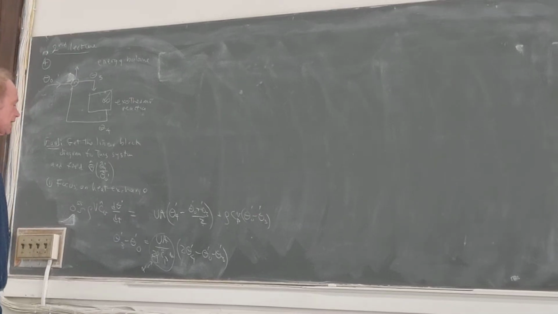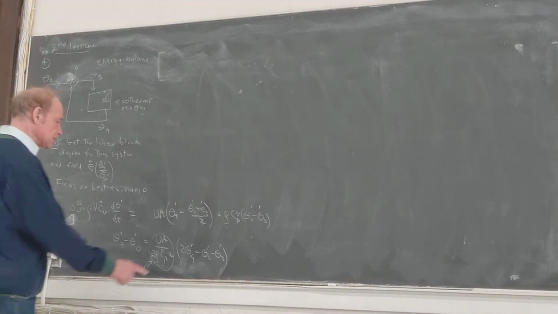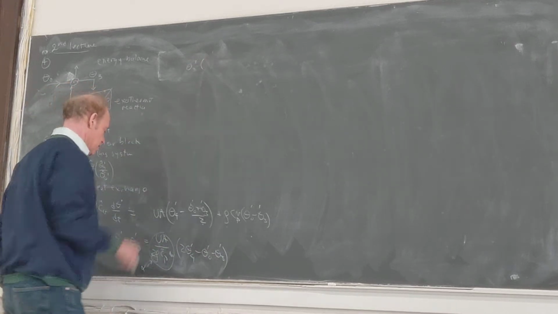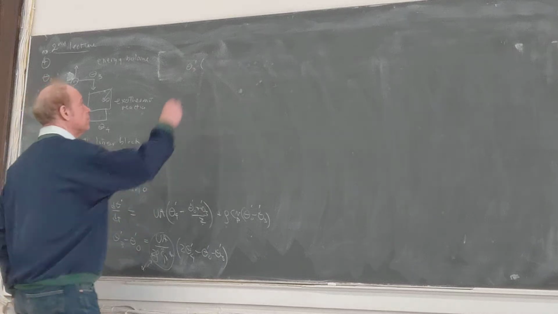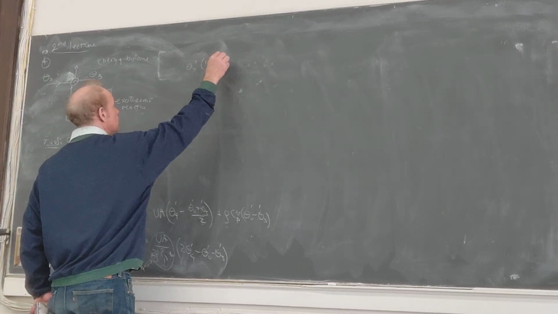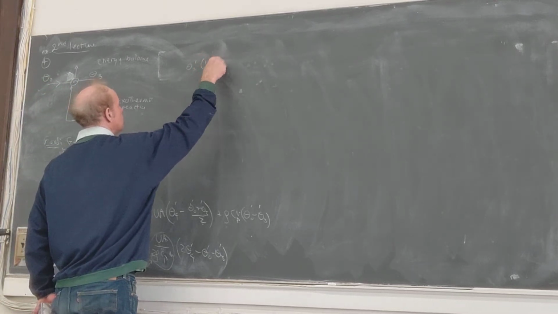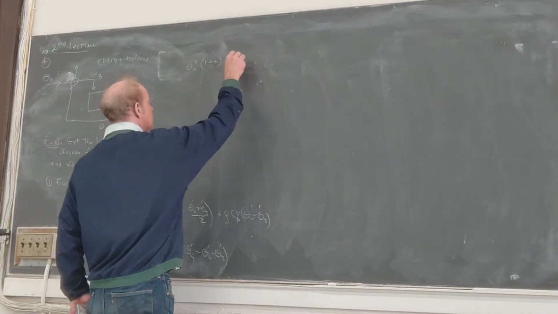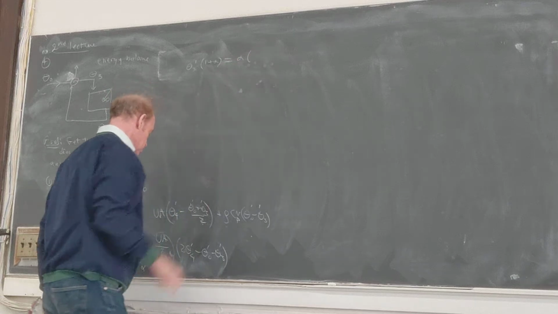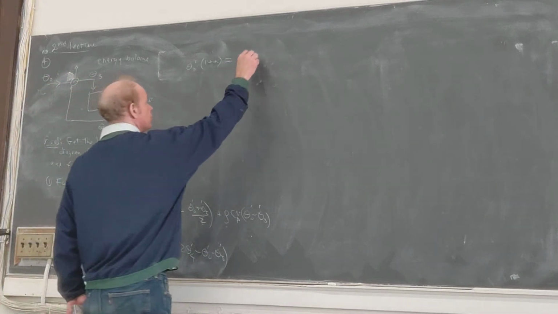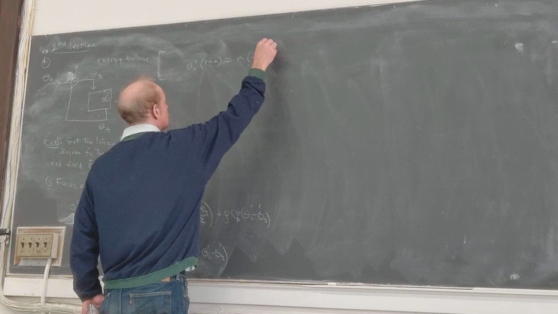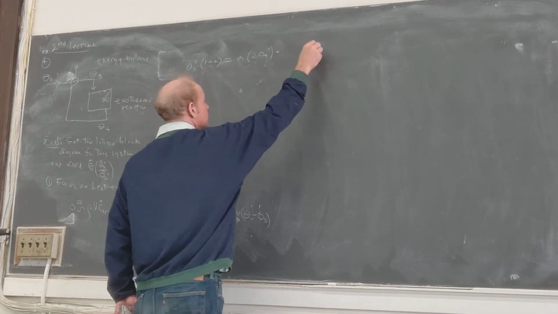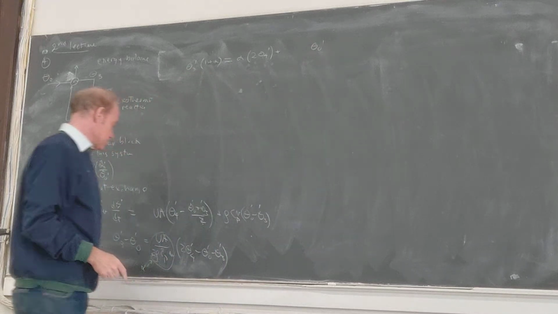Okay, so again, I want to solve for theta 3. So let's bring theta 3 to the other side of the equation. So I've got theta 3 prime times 1 plus alpha, and that's equal to alpha times 2 theta 4 prime, and then I have plus theta 0 prime.